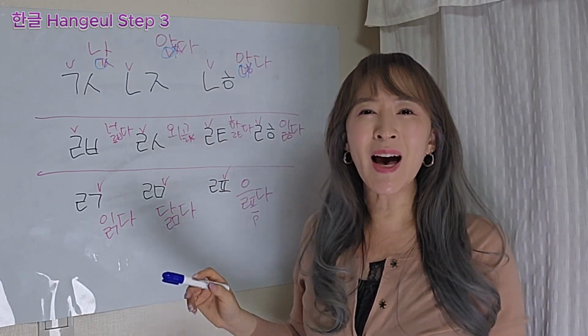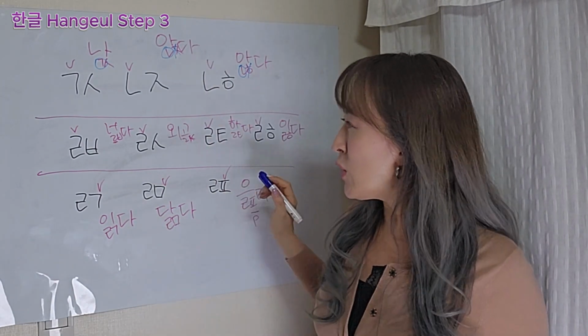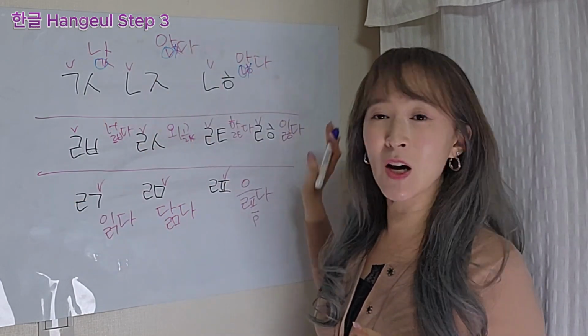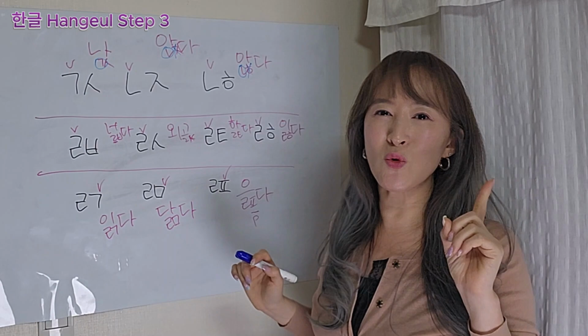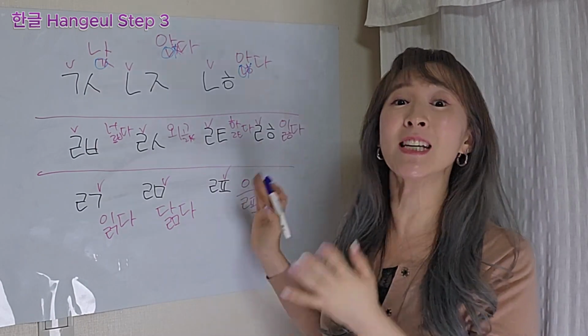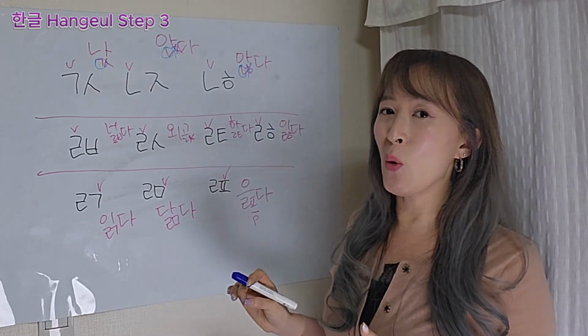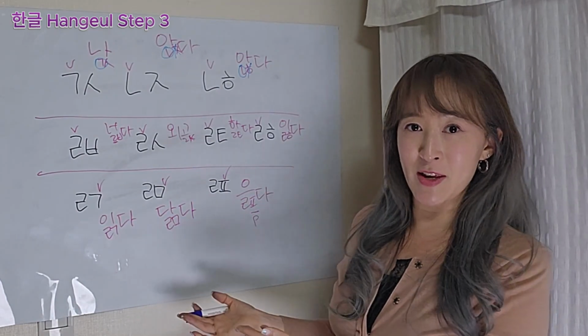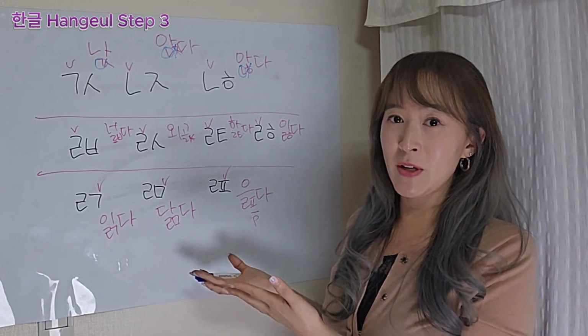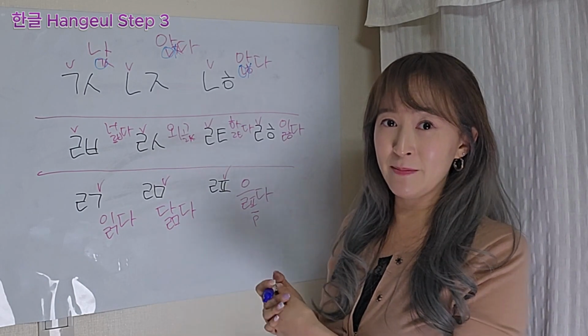So if you are not at the point where you've seen any of these complicated 받침s yet, that just probably means that you don't really have to memorize these just yet. So you will probably eventually come across these. Then that's probably your time to try to remember these. Okay?